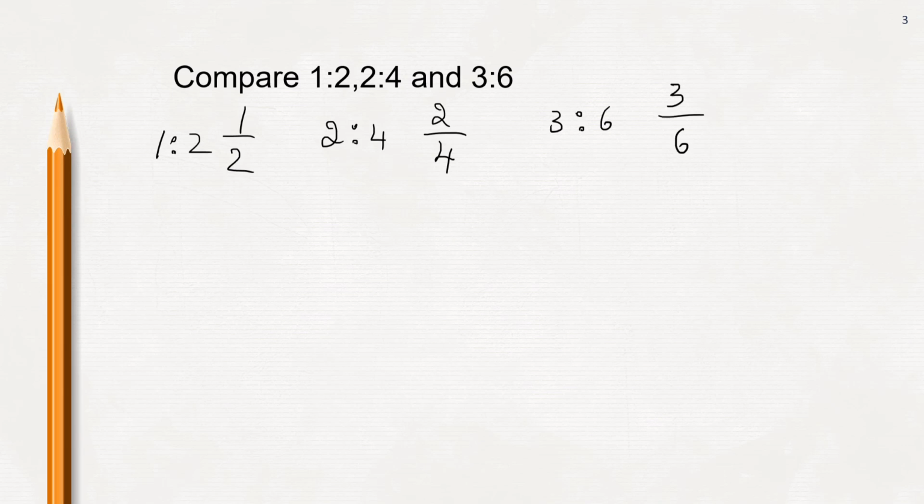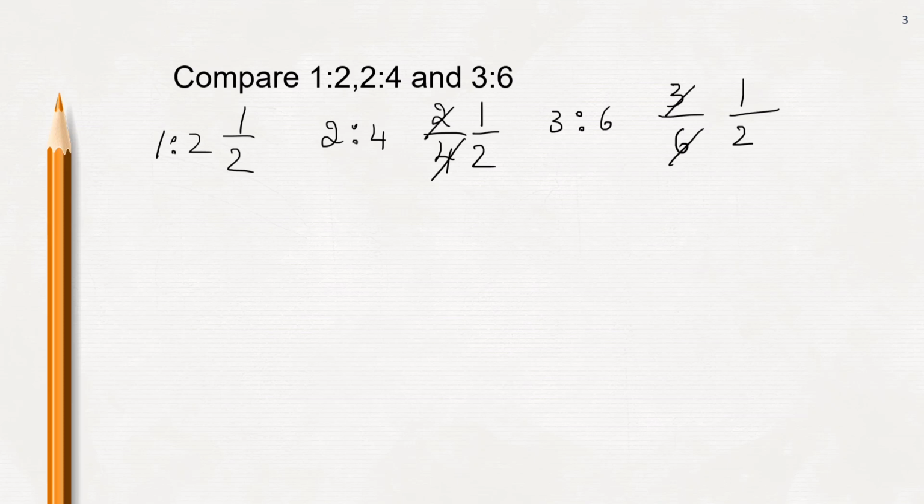Now change each fraction to its lowest term. So 1 by 2 is in lowest term itself, but here 2 by 4 means you can write as 2 1 time is 2 and 2 2 times is 4, which is nothing but 1 by 2. Similarly 3 by 6, 3 1 time is 3 and 3 2 times is 6.